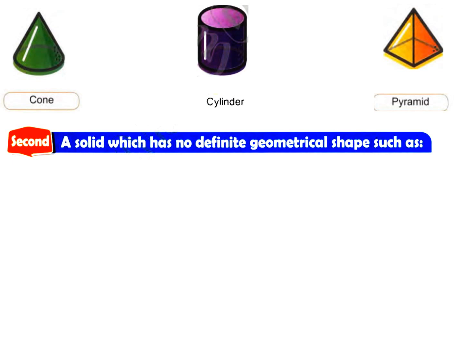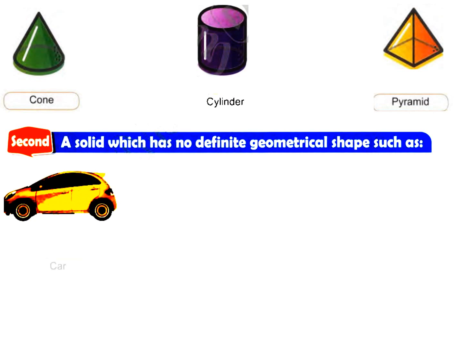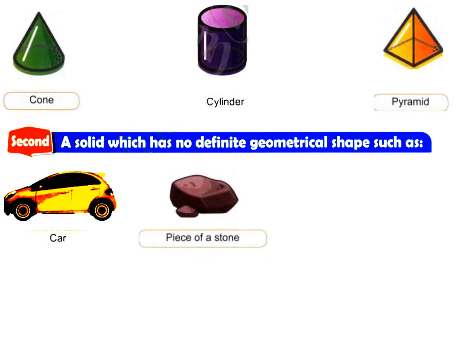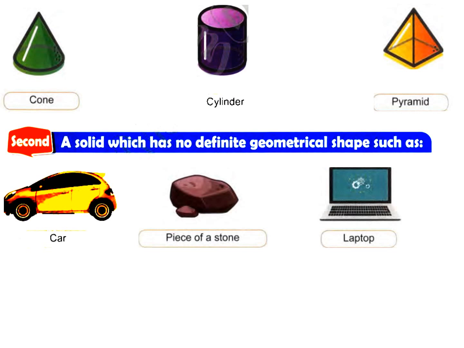Non-geometrical shapes, such as car and stone, piece of stone, laptop. These are non-geometrical solids, because they are irregular solids.